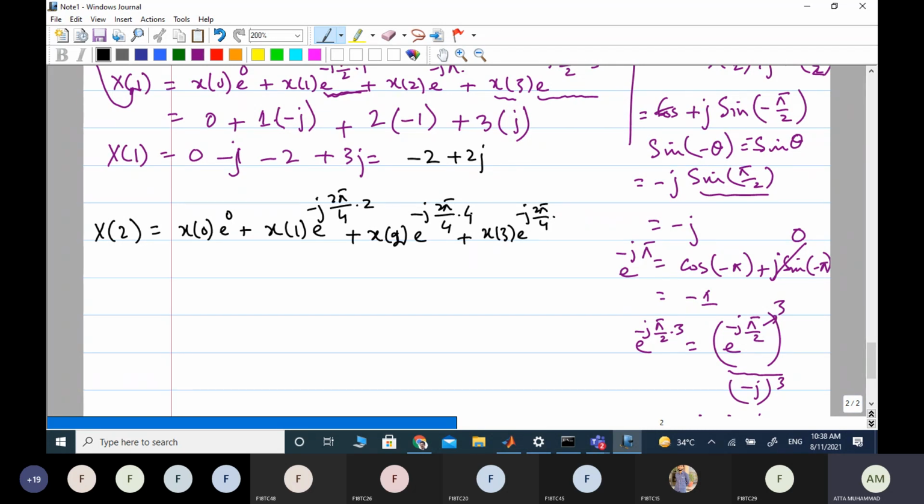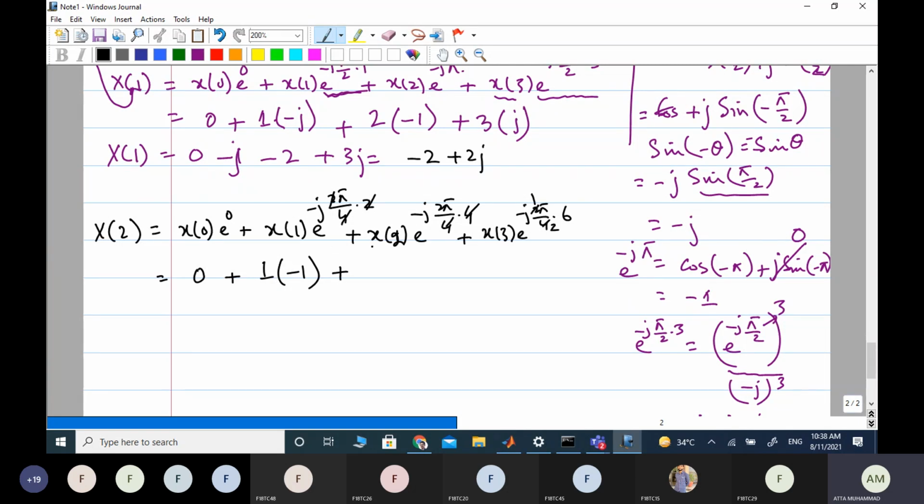Now 2 times 3 is 6. So this gets cancelled, this gets cancelled, and now from here we get 1 by 2. So x of 0 is 0, x of 1 is 1, e to the power minus j pi. Now e to the power minus j pi is equal to minus 1, right? We saw it.